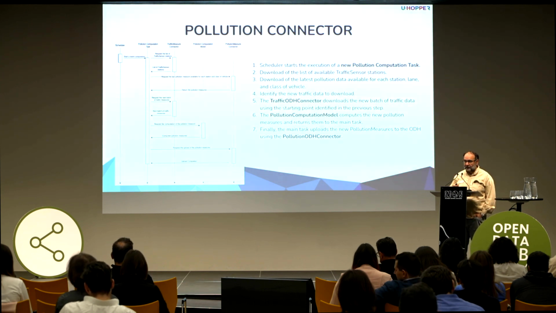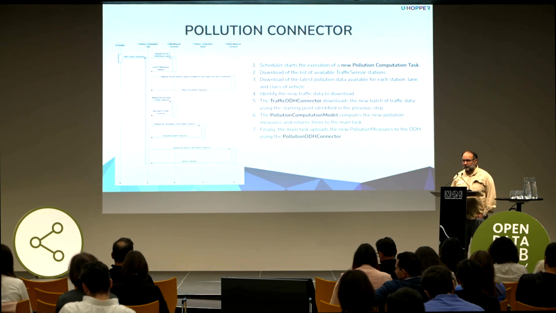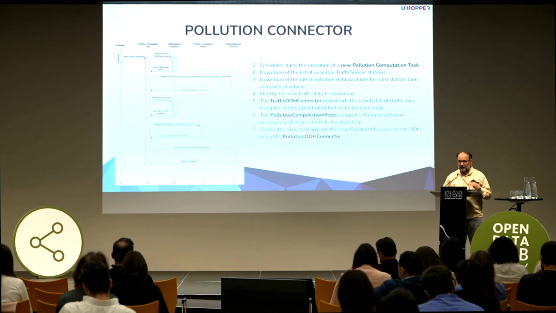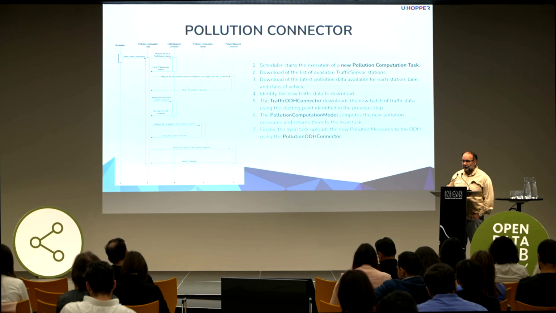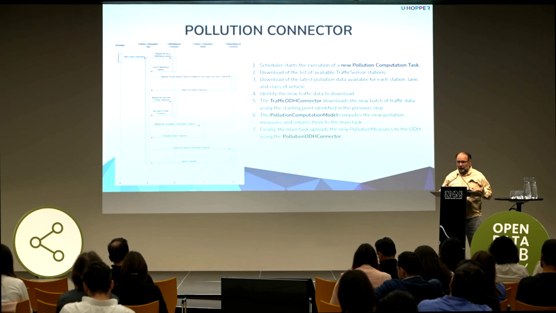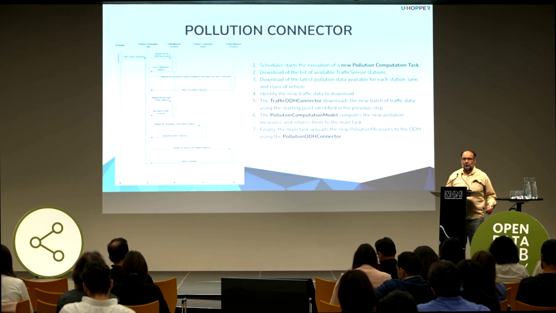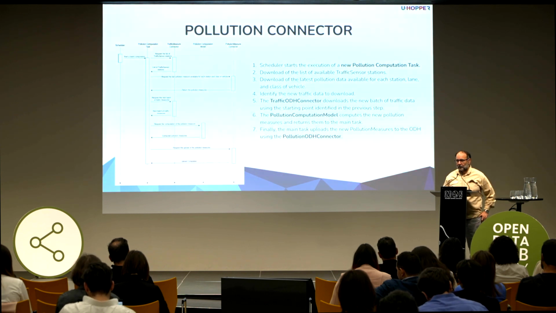It also downloads the last pollution data which were calculated at the step before in order to check if there is some overlap or some problems like that. And then identifies a new traffic to be connected. All these checks are useful in order to identify a problem as we are working really in real-time operation.